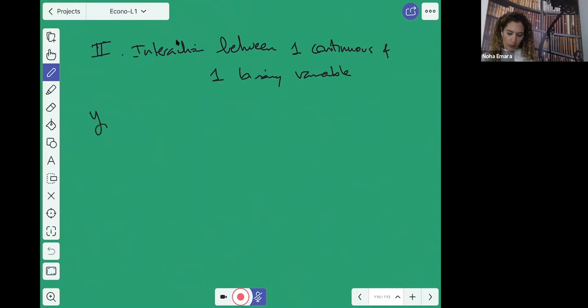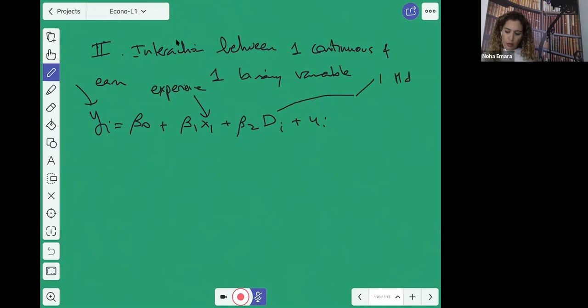So yi is equal to beta naught plus beta 1 xi plus beta 2 di plus ui. And let's assume this is again earnings, and this is experience in years because it's continuous. And this D is gonna take 1 for males. It doesn't have to be females every time. And then 0 otherwise, or for female, because we have only 2 gender types.